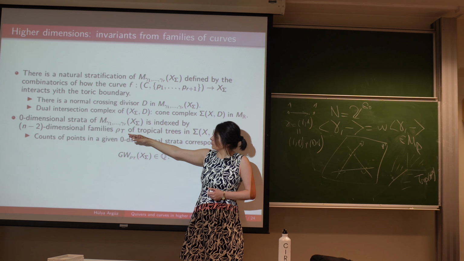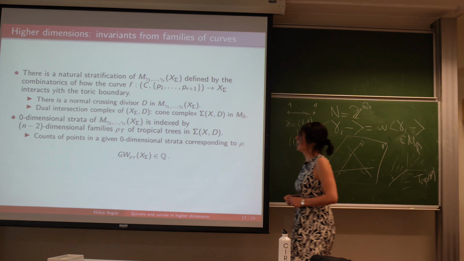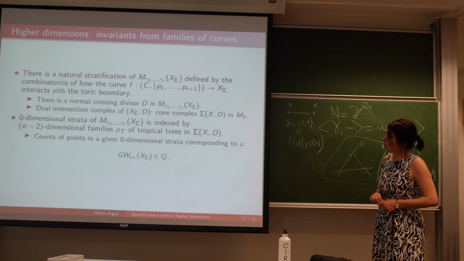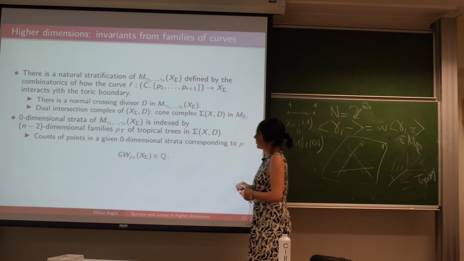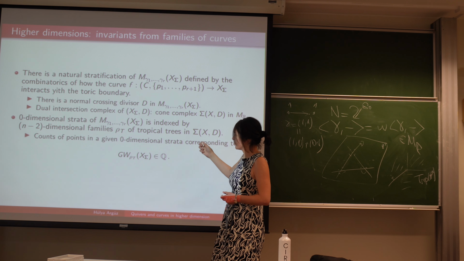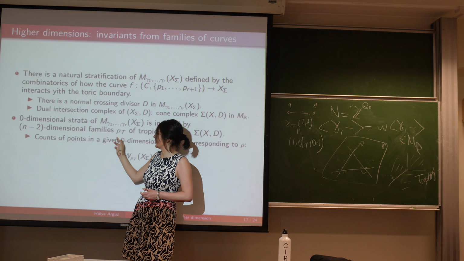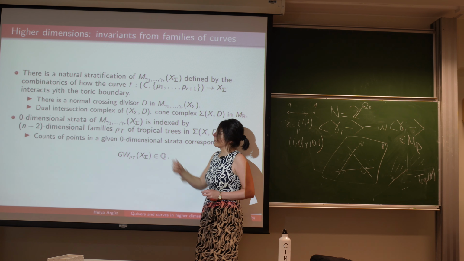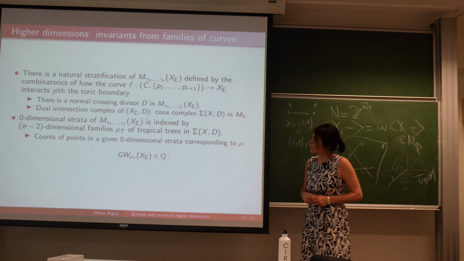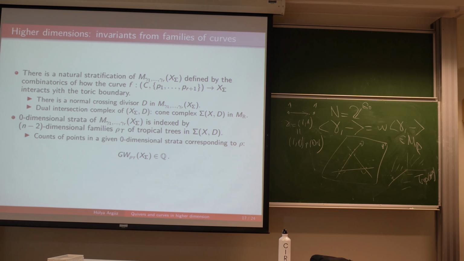And it gives n-2-dimensional families of tropical curves. And our goal is to calculate the 0-dimensional strata in your moduli space. So to do it, we will look at n-2-dimensional families of tropical trees and curves which tropicalize into families.